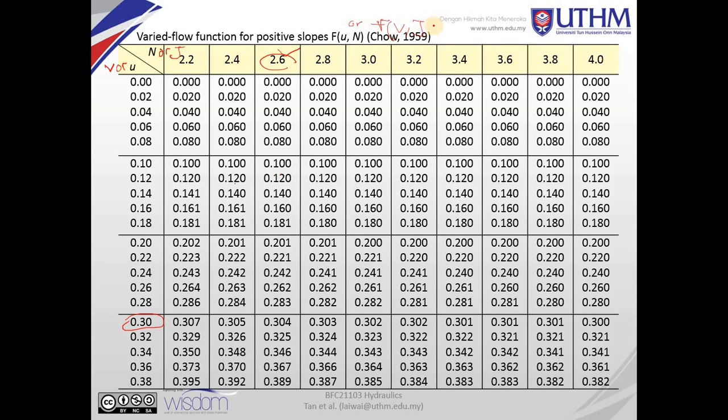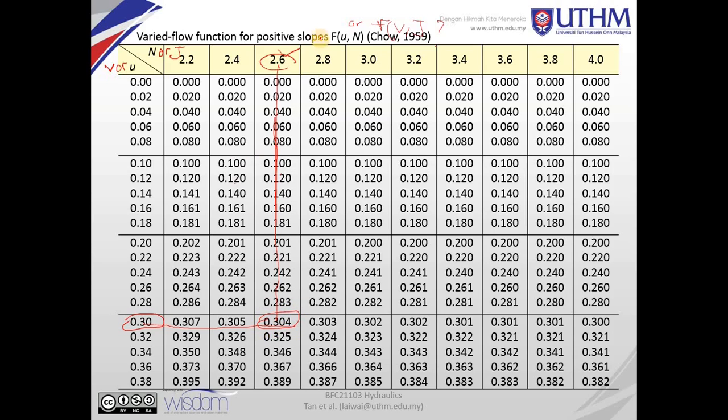So what is the function of un or function vj from this table? We need to cross these with each other. When we cross this, we will find that the cross line will intersect at this number.